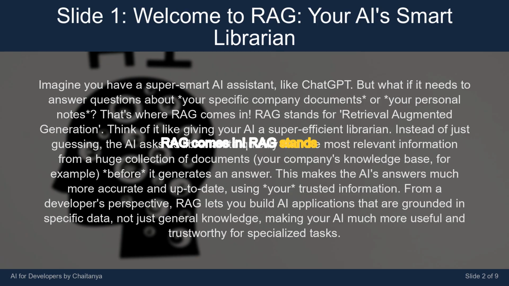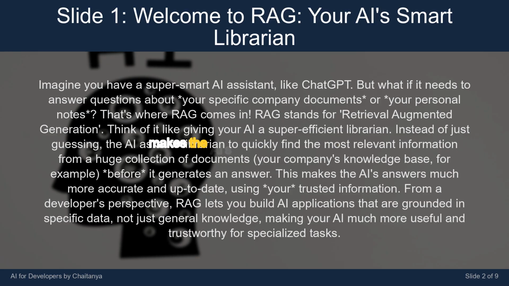RAG stands for Retrieval Augmented Generation. Think of it like giving your AI a super efficient librarian. Instead of just guessing, the AI asks its librarian to quickly find the most relevant information from a huge collection of documents, your company's knowledge base, for example, before it generates an answer.